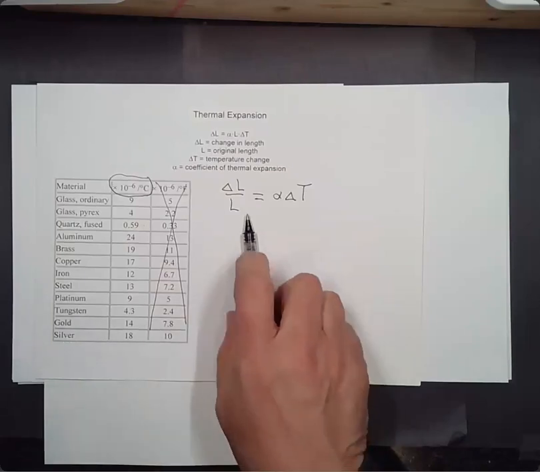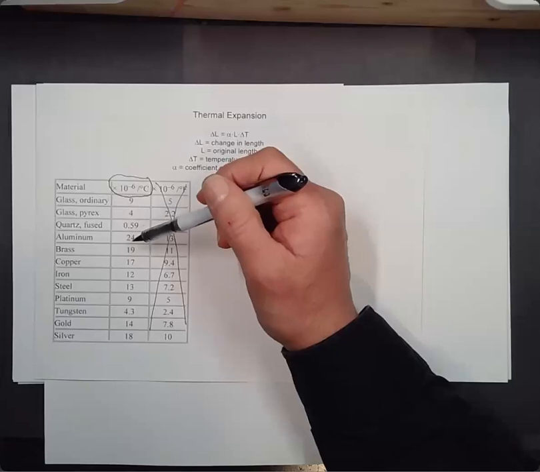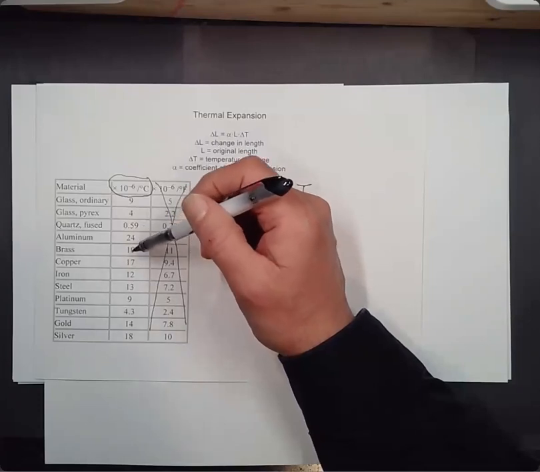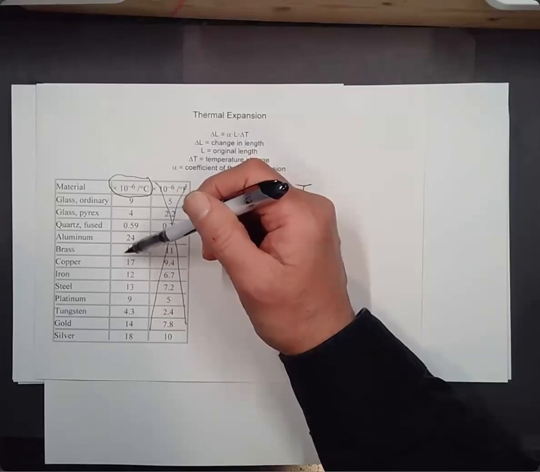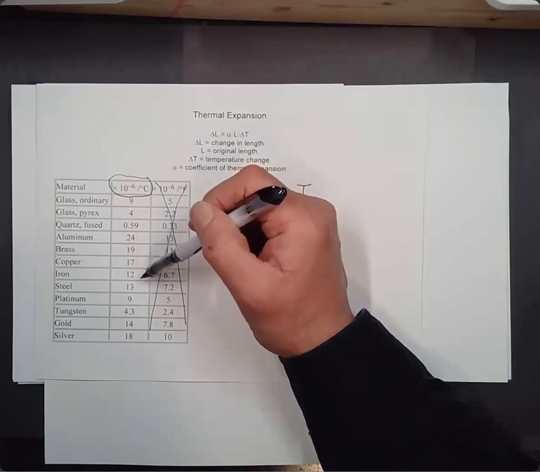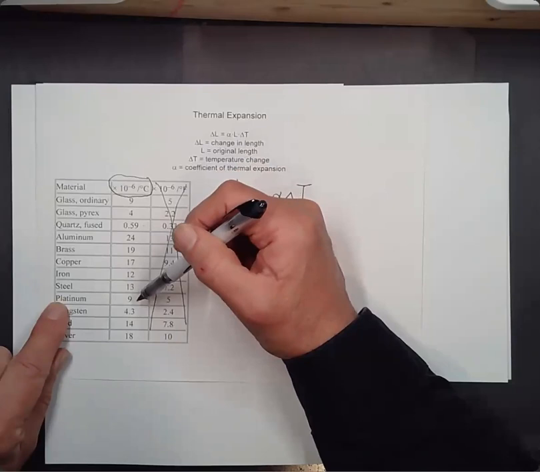Anyway, a bunch of different coefficients of thermal expansion. And one of the last labs we'll do this quarter is one where we measure the coefficients of thermal expansion for, I think, aluminum, brass, copper, and steel. I don't have any platinum rods.